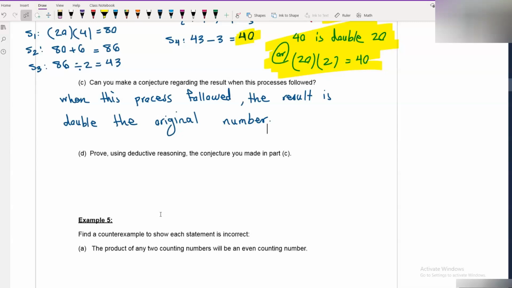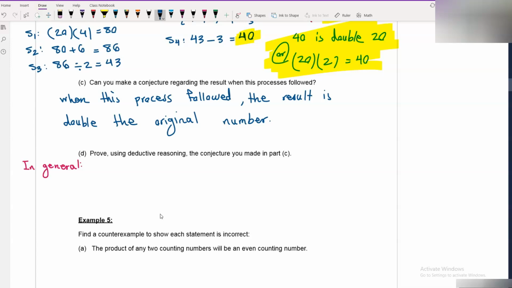Now part D is asking to prove what we have in part C. So prove our conclusion. So this is what I'm going to have in general.